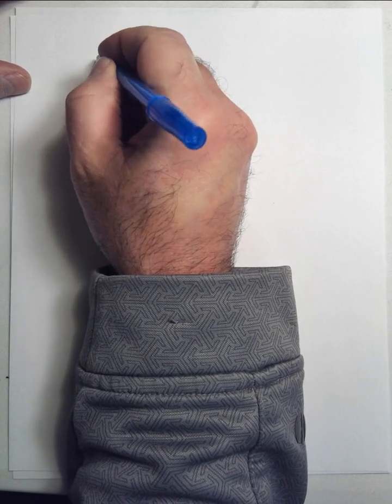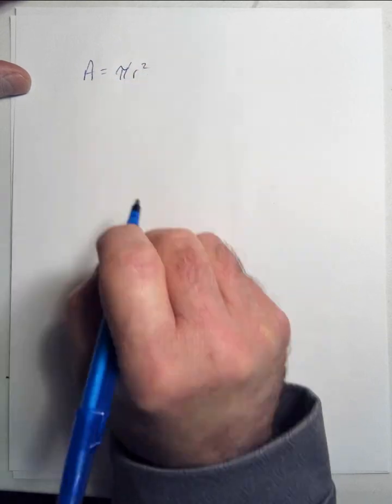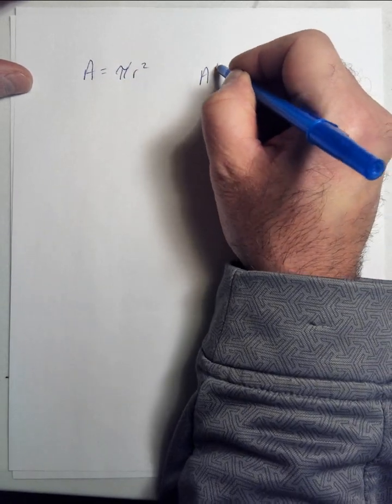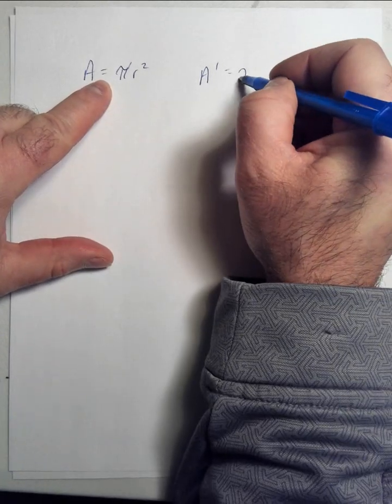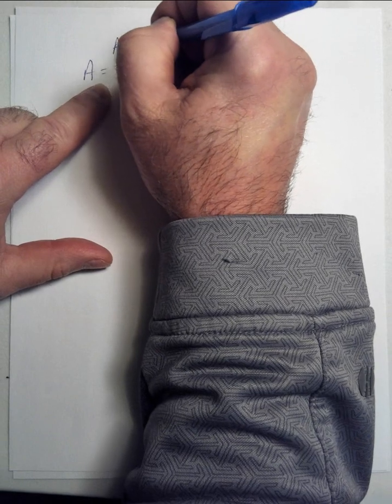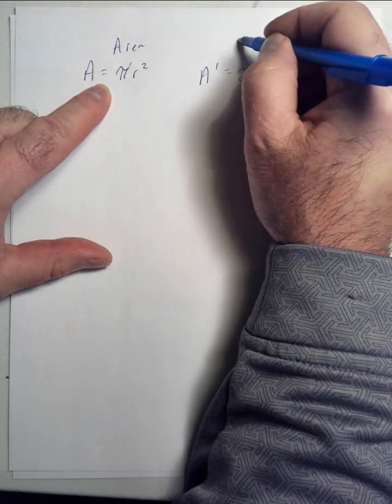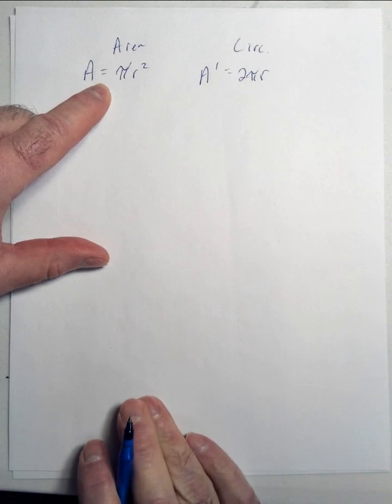When you have the area of a circle, which is pi r squared, when you take its derivative, right, using your power rule, 2 times pi r, drop the power by 1. So the area, its derivative, becomes that circle's circumference, right?